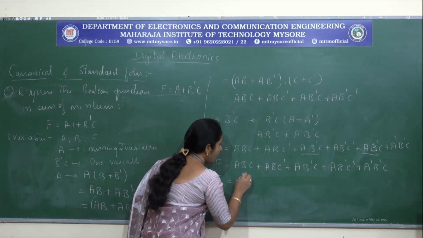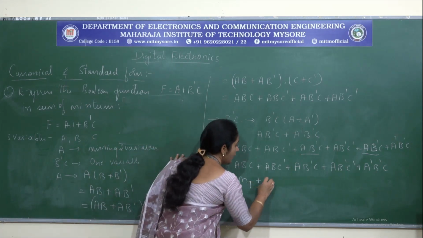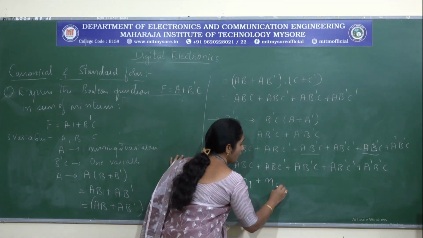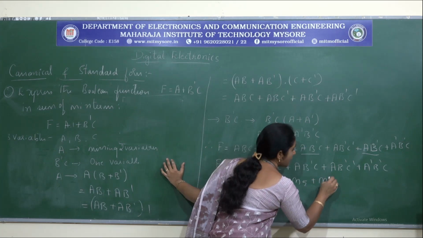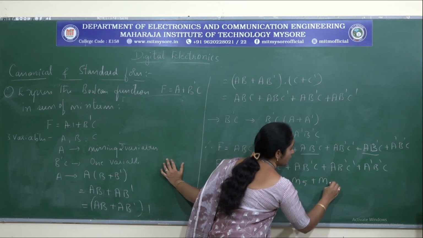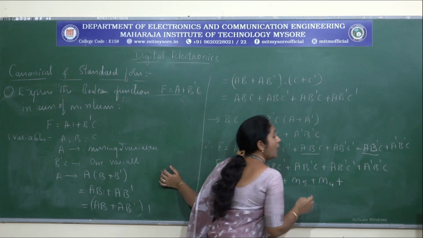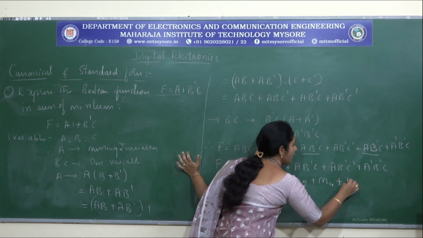Here we have 111, so M7. Next we have 110, which is M6. Next 101 is M5. Next 100 is M4. Here we have 0, 0, 1, which is nothing but M1.